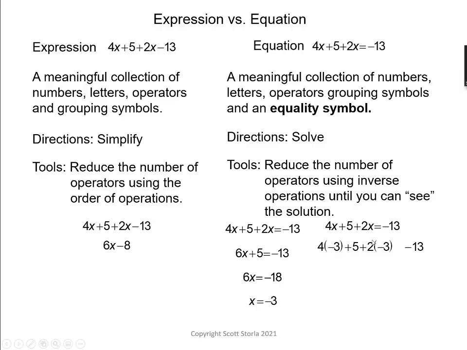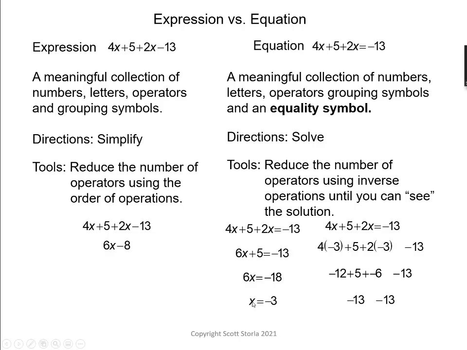And now if we simplify the expression on the left, we have 1, 2, 3, 4 operators. We would multiply first and add second, and then we'd find that indeed the left expression does simplify to negative 13 also. So both sides here do become negative 13. That tells us that negative 3 is the solution.